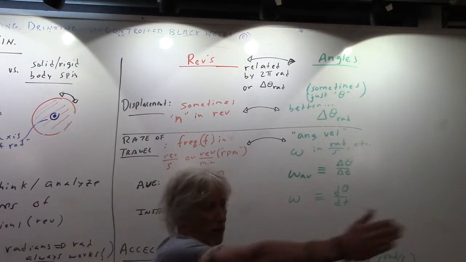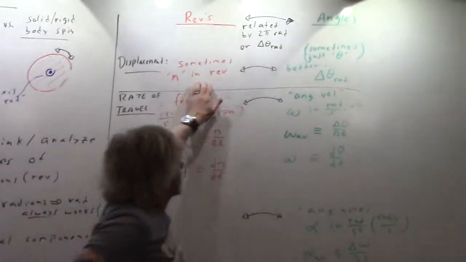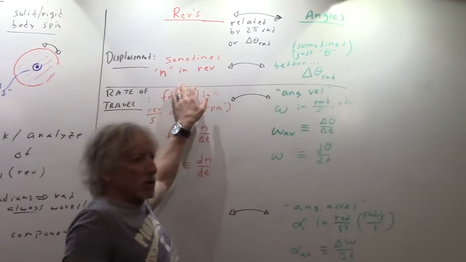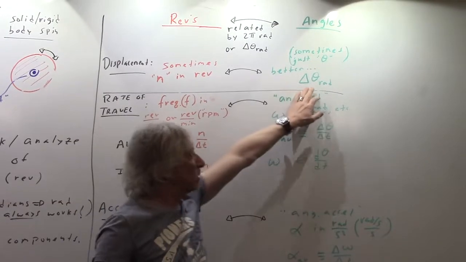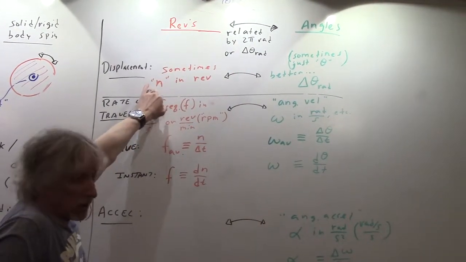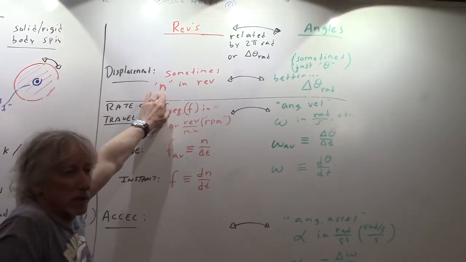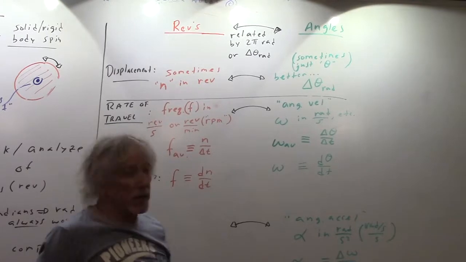How far around have you gone? What's the connection between these two? If I have n, how do I get delta theta? Or if I have delta theta, how do I get n? This is the critical thing in analyzing rotations.